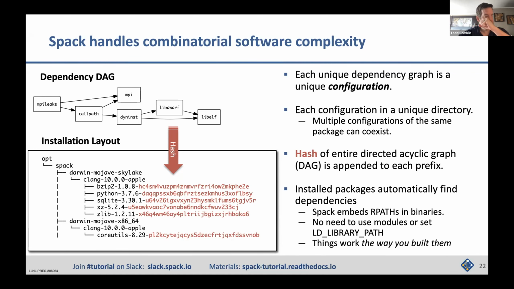We make sure that every library has paths to its dependencies embedded in it via rpath, which is part of the ELF standard. That just tells the dynamic loader to go and look in these other directories for the libraries for the things that it builds. And so the thing that we're trying to preserve there is that we want things to work the way you built them. We don't want you to have to remember, when you get around to running your program, all the different dependencies of it, because there's just too many to manage.